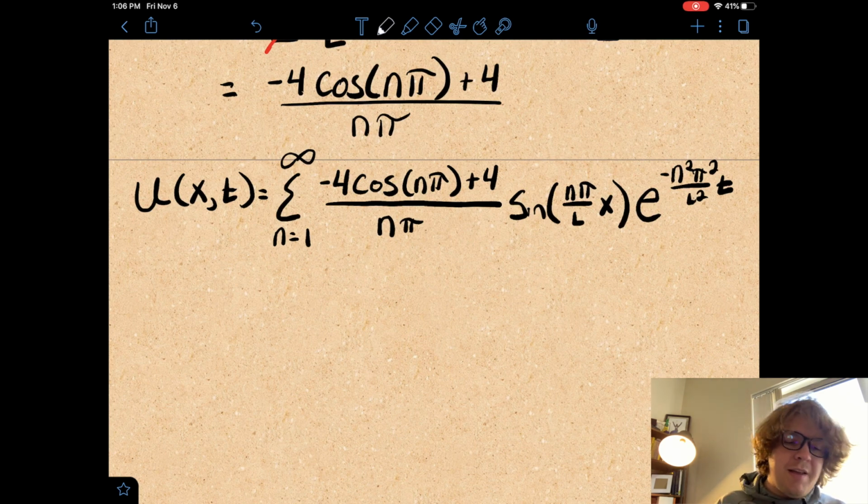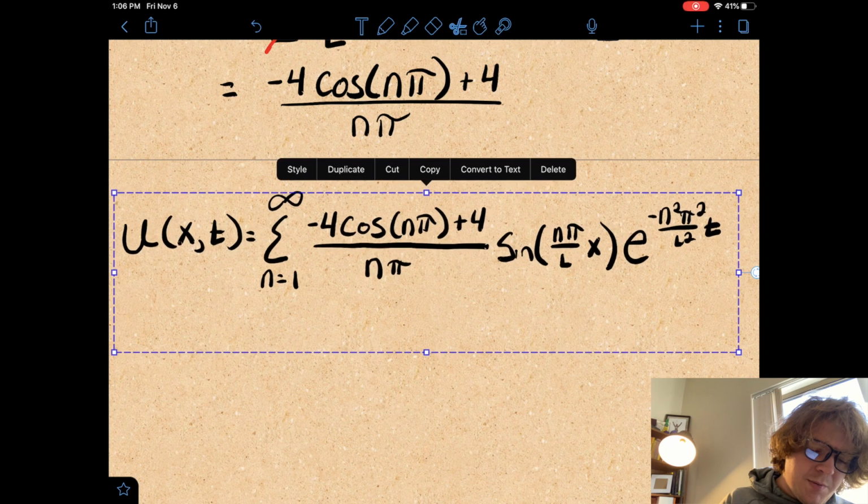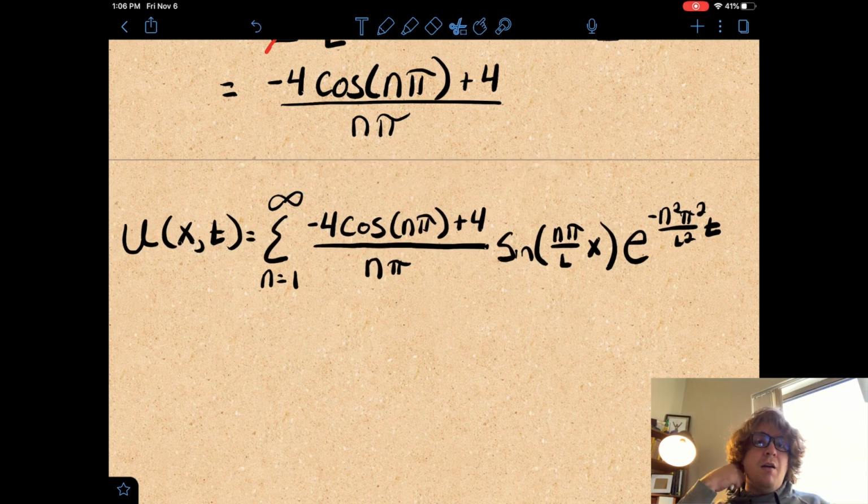And that right there is the solution to our heat equation, subjected to the initial heat distribution of 2 degrees throughout the length of the rod.